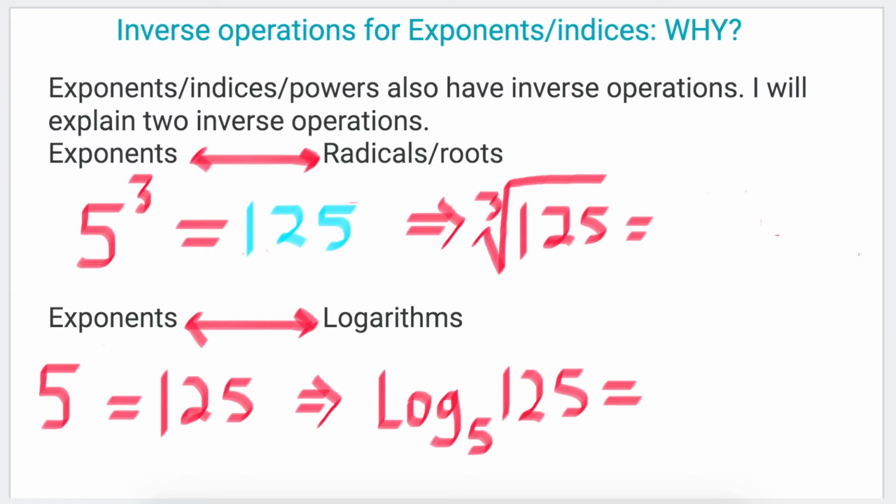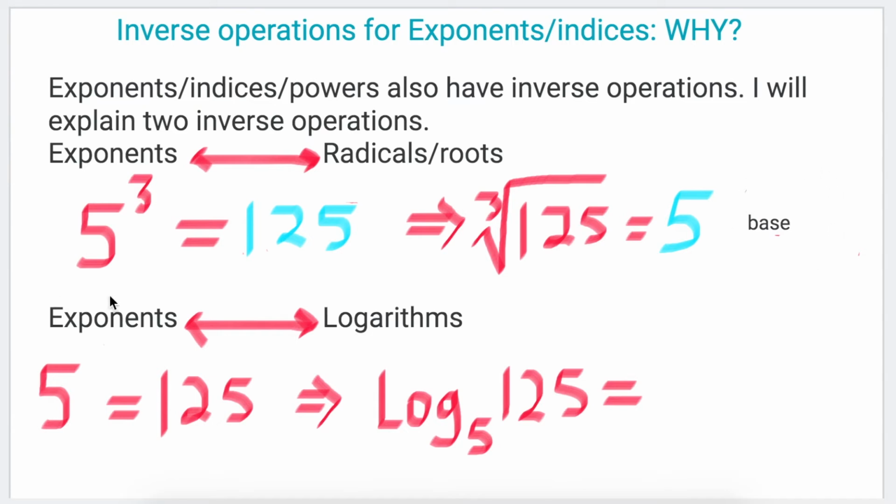So if you want to know the inverse, you want to go backwards and figure out what number do I multiply 3 times to get 125, then you would need to take the cube root. So the cube root of 125 equals 5. In other words, whenever you take the radical, you're actually looking for the base of that exponent.